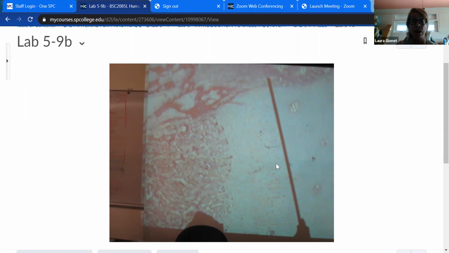About halfway down, go to the left of that, and you can see these dark cells that are kind of stacking on one another. I don't know if you can see my little cursor arrow, but I'm pointing to those. That is your zone of proliferation. So he's pointing to resting cartilage. Next to that would be proliferation. Further, you can almost see little nuclei in some of these big, soap bubbly chubba-lubba cells here. That would be a zone of hypertrophy.